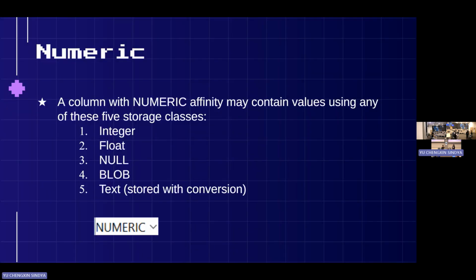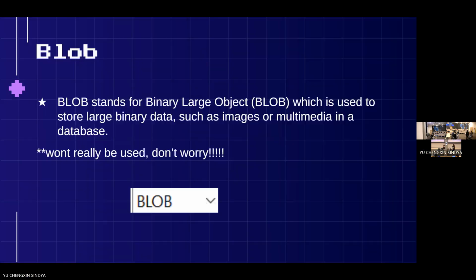And numeric, this is a little bit long, but this column may contain any values using one of these 5 storage classes, and it'll look like this. And lastly, blob. Blob stands for binary large object, which is used to store large binary data such as images or multimedia in a database, but it won't really be used, so you don't have to be scared.